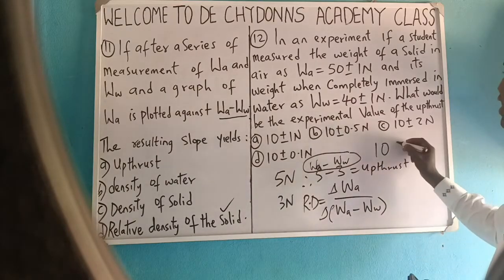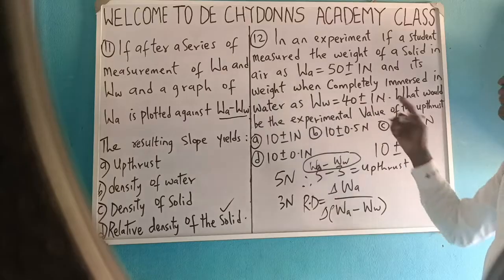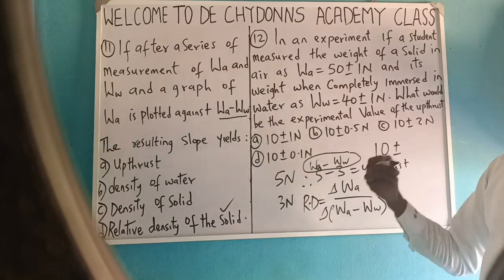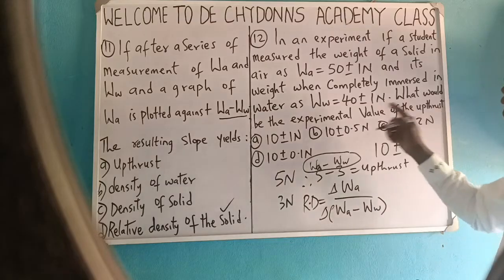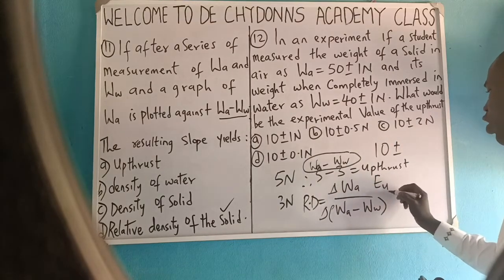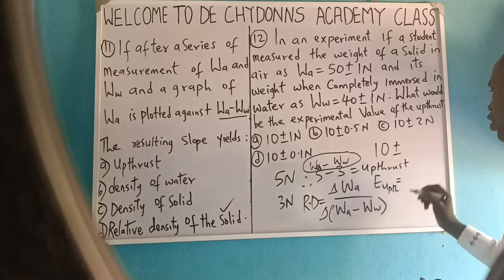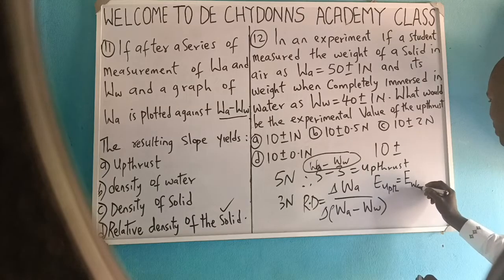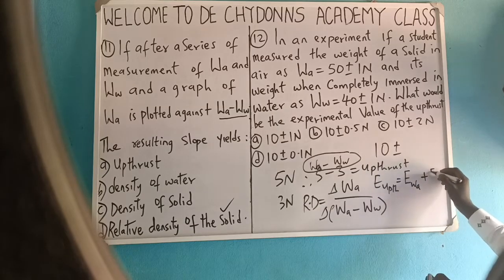Now, how do we get the error in this difference, in this upthrust, weight in air minus weight in water? The error in getting the upthrust equals the maximum error in the weight in air plus the maximum error in the weight in water.